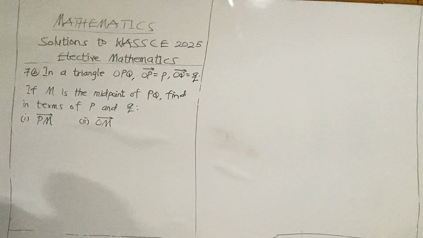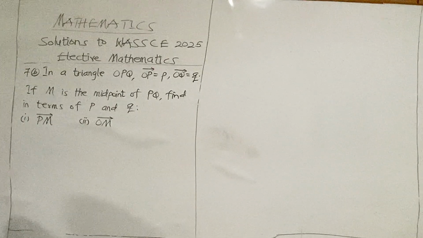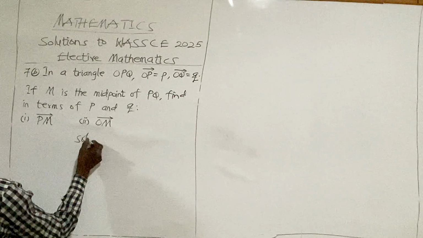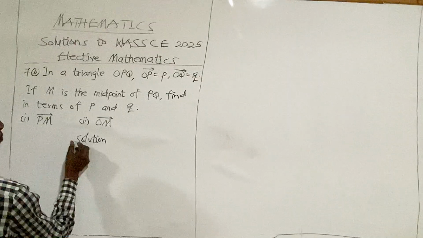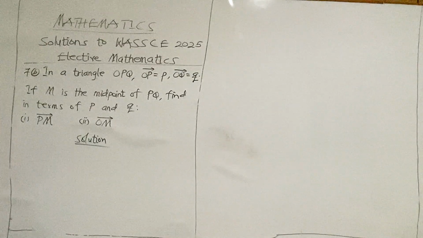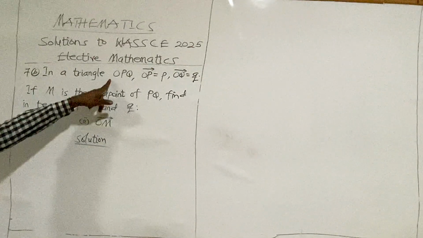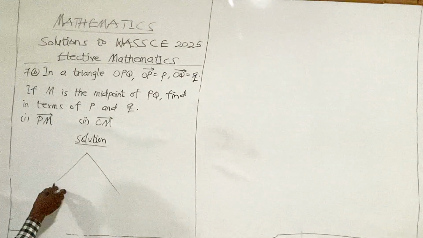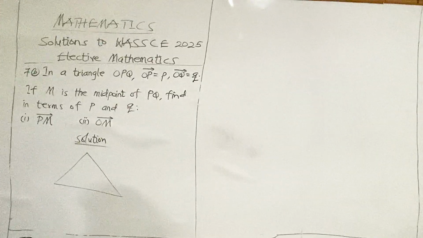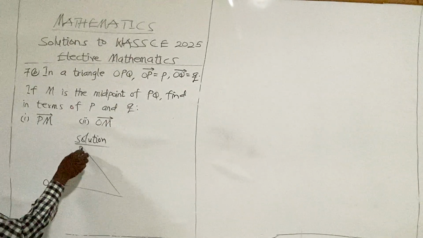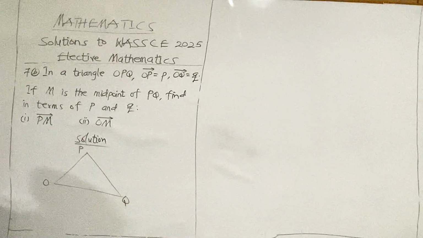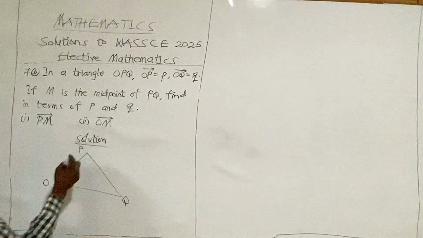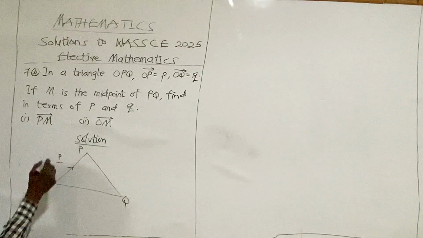So now let's look at how we can deal with question 7b. The question said triangle OPQ. Let me sketch a triangle from here and make it OPQ, meaning that vector OP will look like this, and this is position vector p.